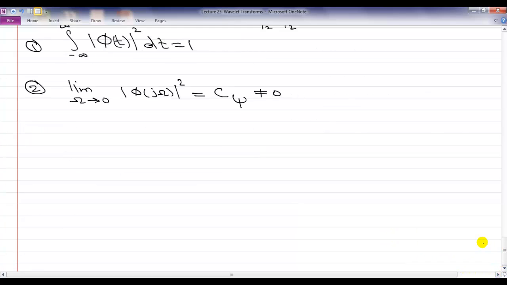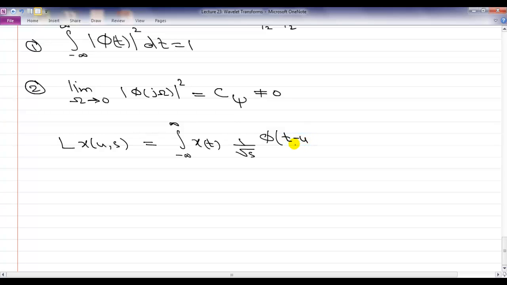low frequency approximation, which is given by L of x at u, s. It is given by the integral from minus infinity to infinity of x of t, 1 over square root of s, phi of (t minus u) over s, dt. Okay. So it's given in a similar fashion.